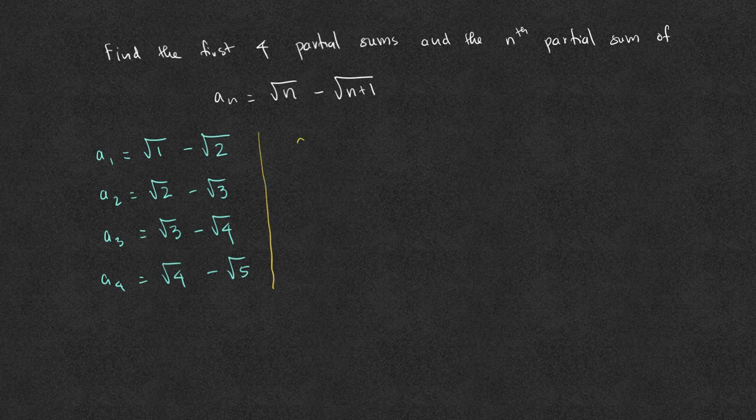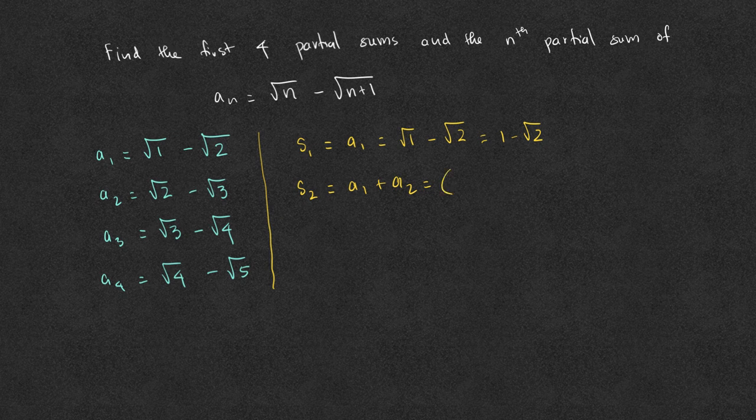The partial sum using one term only is S sub 1. S sub 1 is A sub 1, which is simply root 1 minus root 2, or 1 minus root 2, because the square root of 1 is 1. S sub 2 is the partial sum using the first two terms, which is A sub 1 plus A sub 2.